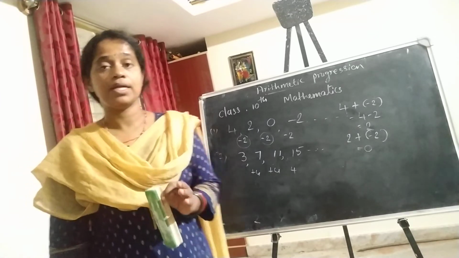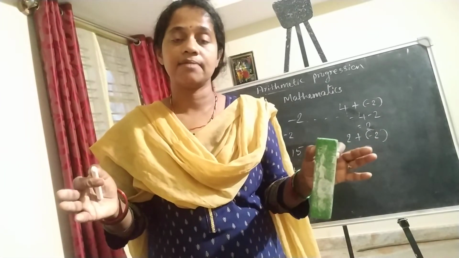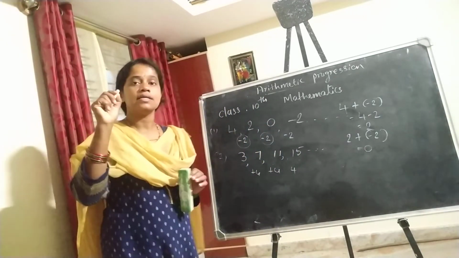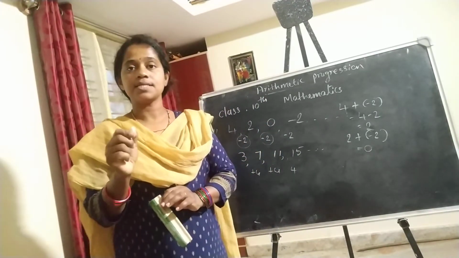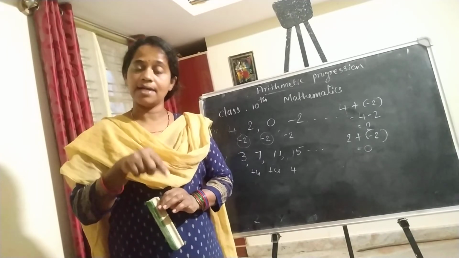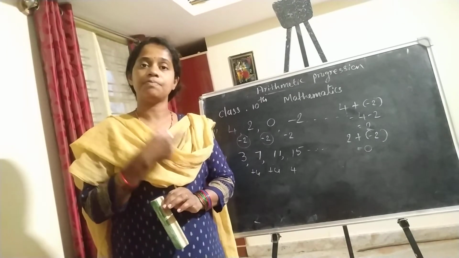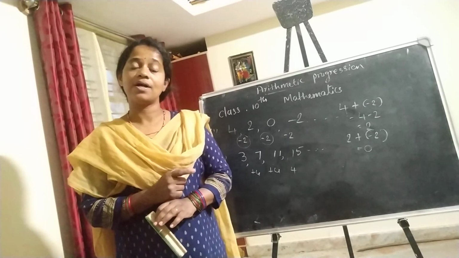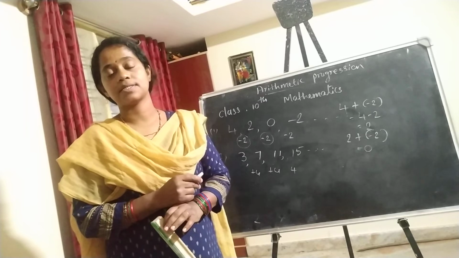Mathematically, you have to state the definition correctly. It is a kind of sequence in which the succeeding term is formed by adding a constant term to the preceding term. Such a sequence is called an arithmetic progression.